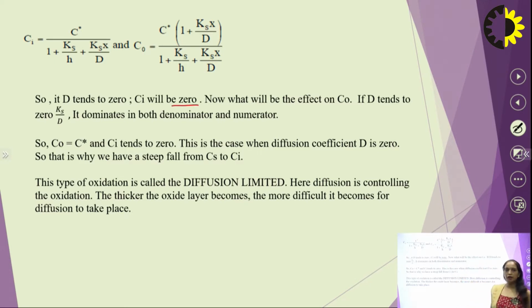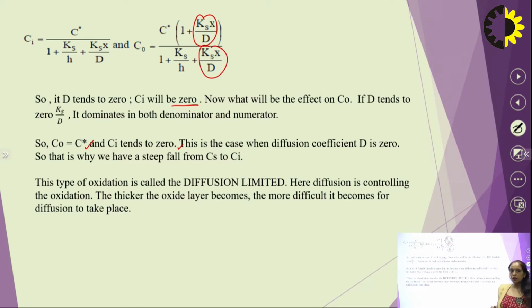Now what will be the effect on C naught? If your D tends to 0, this Ks x over D factor dominates in both numerator and denominator. So C naught will also approach C star, the concentration at equilibrium, and Ci tends to 0. So this is the case when your diffusion coefficient D tends to 0.